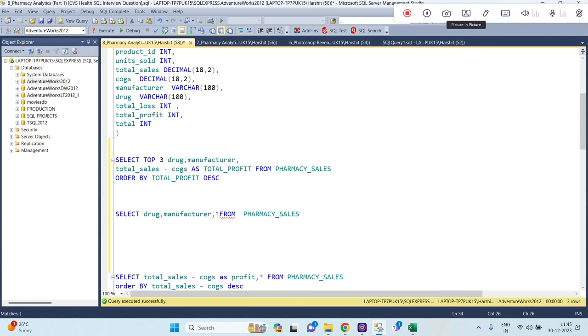Yeah, perfect. Now let me do the same thing. Rank over order by what? Order by this same thing, right? What we have written over here: total sales minus COGS, and then descending as RK.